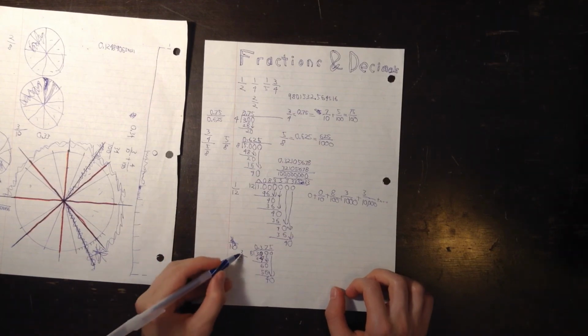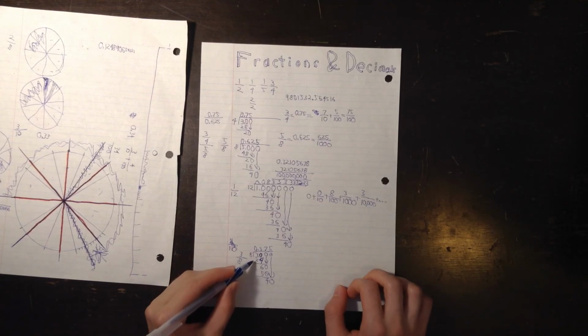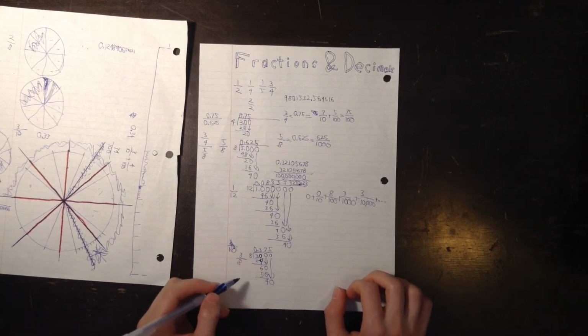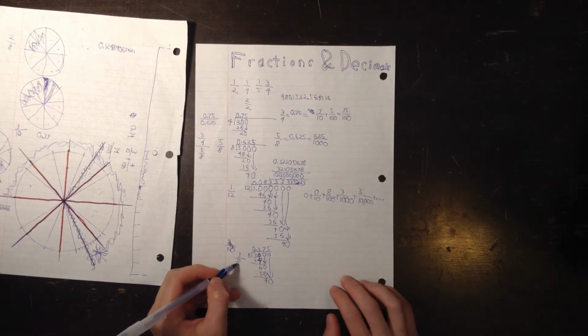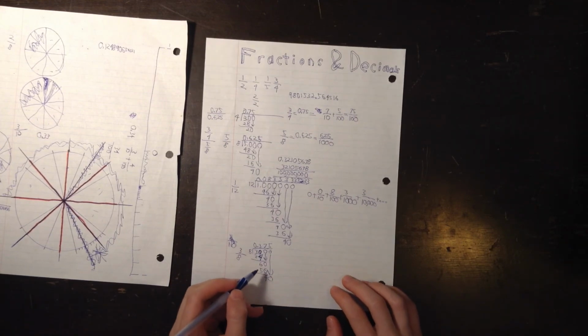So we just took 3/8, divided it out, and we've got 0.375. So that means 3/8, 3 divided by 8, is the same thing as saying 0.375.